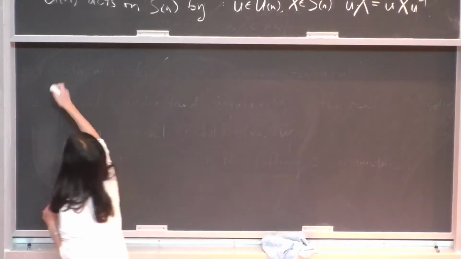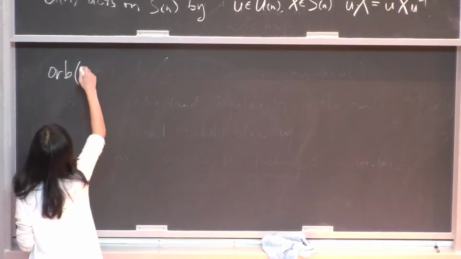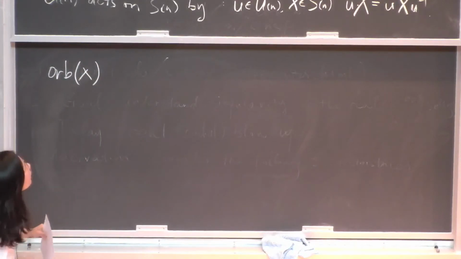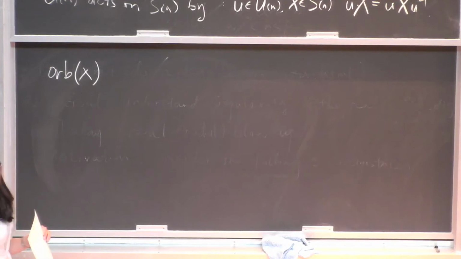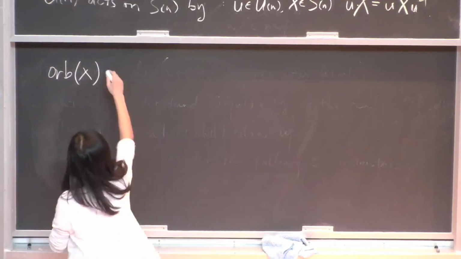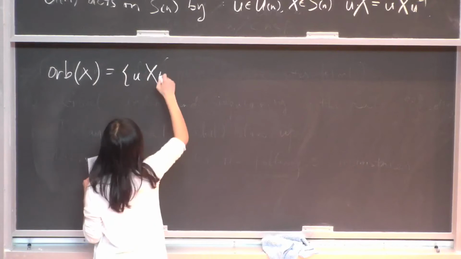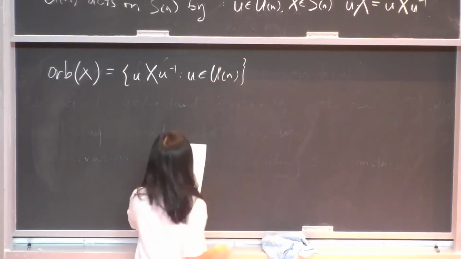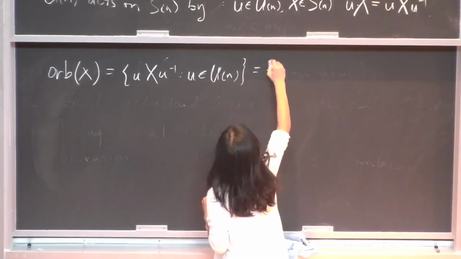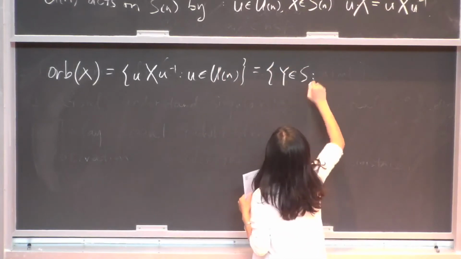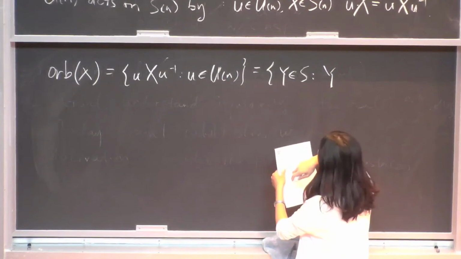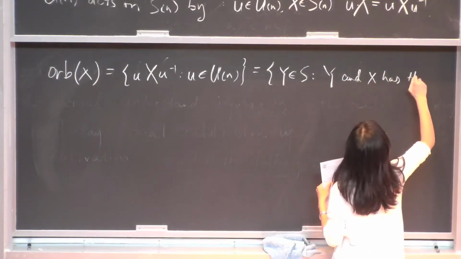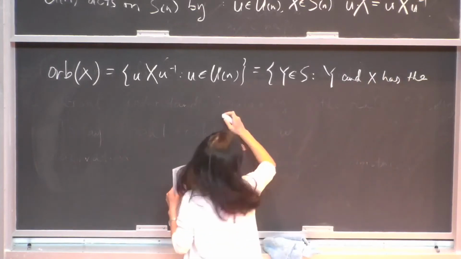If you take a self-adjoint matrix and look at its orbit, which means that you take all the U_n acting on X and see what it gives us, well, this is just all such matrices. And it's really given by all those self-adjoint matrices Y such that Y and X have the same eigenvalues.